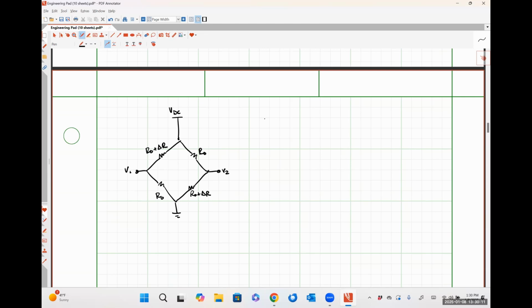Let's figure out what's going to happen here using voltage division real quickly, right? So our output voltage is still just going to be V2 minus V1.